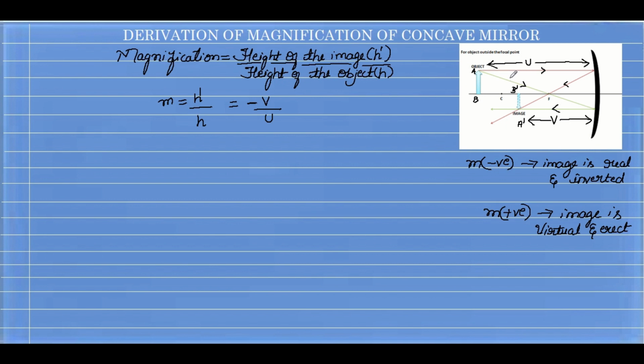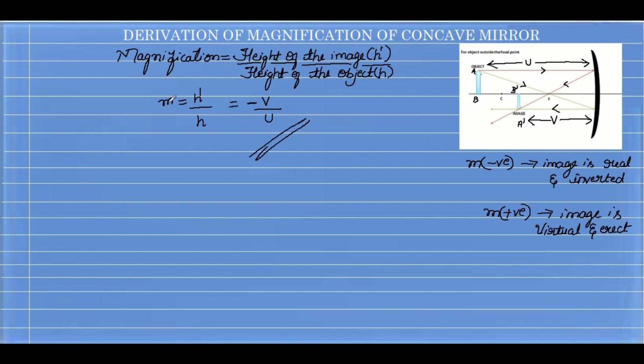However, it is taken as negative for real images. So if the magnification is negative, then the image is real and inverted. If the magnification is positive, then the image is virtual and erect. A negative sign in the value of magnification indicates the image is real. A positive sign in the value of magnification indicates the image is virtual. So this is all about magnification.